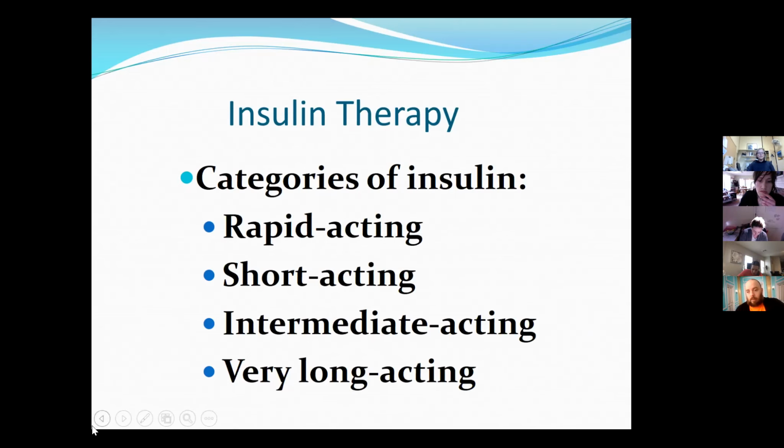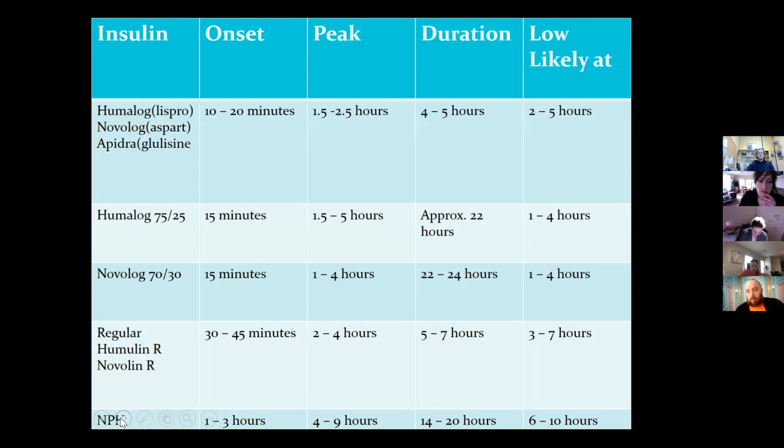So let's take a look at the next little chart here. In fact, the next two charts. And these three are considered to be our rapid acting. They start working very quickly, 10, 15 minutes; the chart says 10 to 20. I'll go with that. Everybody's different as to how that insulin is absorbed from the subcutaneous tissues.